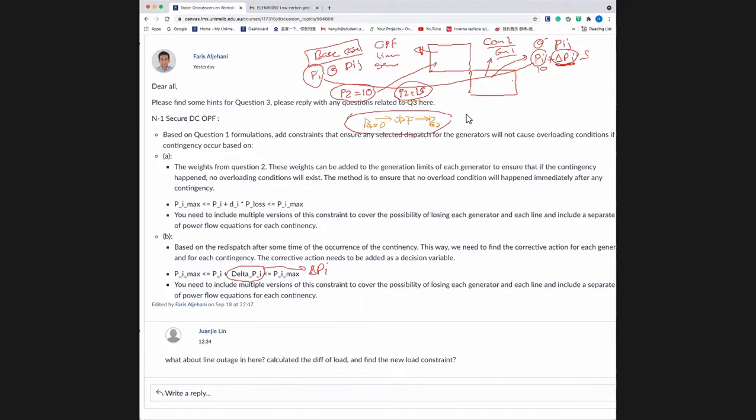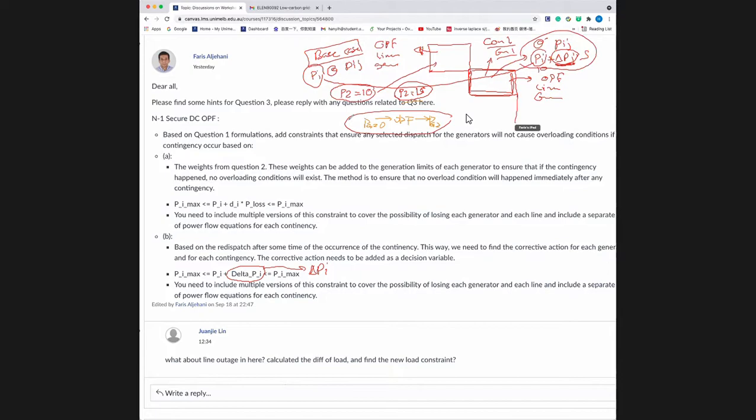Okay. So now what you need is to include the full set of the power equations. You have all the constraints here again. You will have the OPF, and you will have the line limits and generator limits here also, all of them based on these values.